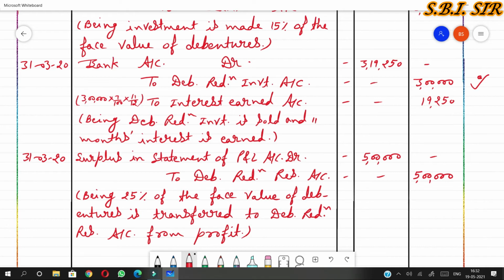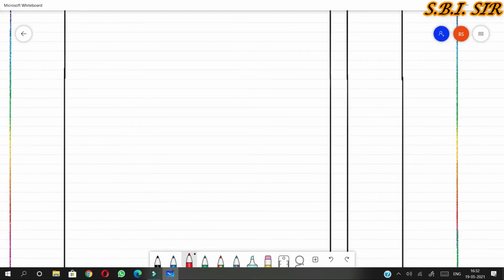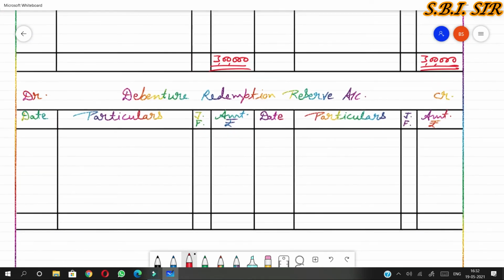Then we will post this entry to debenture redemption reserve account, credit side, 31st March 2020, by surplus in statement of P&L account 5 lakh.